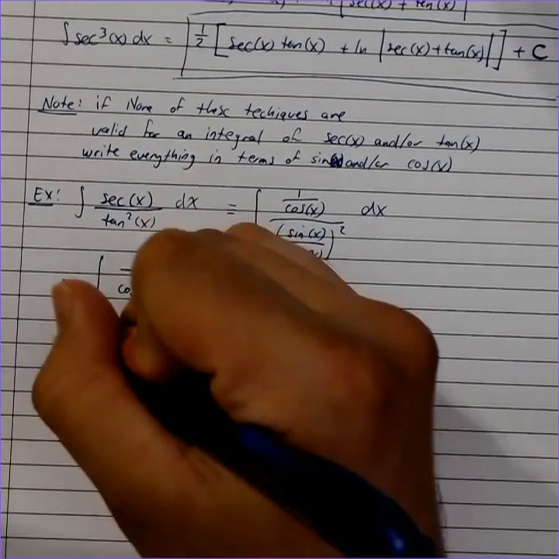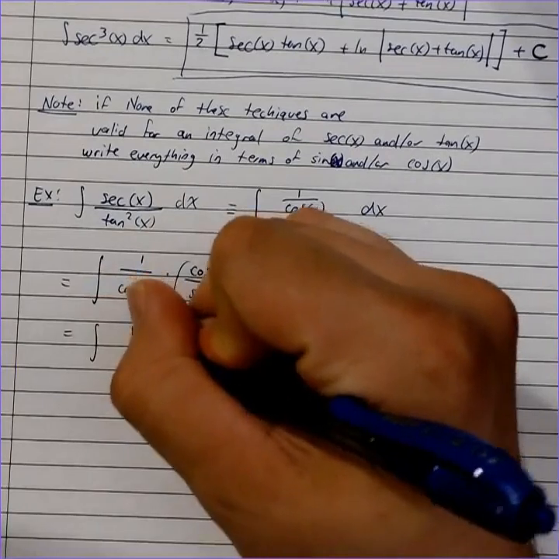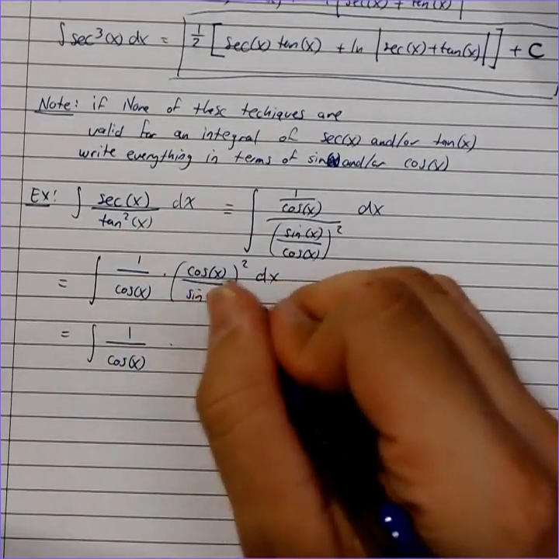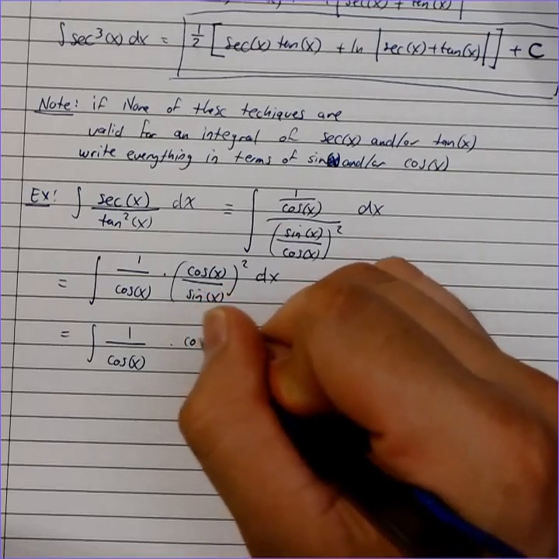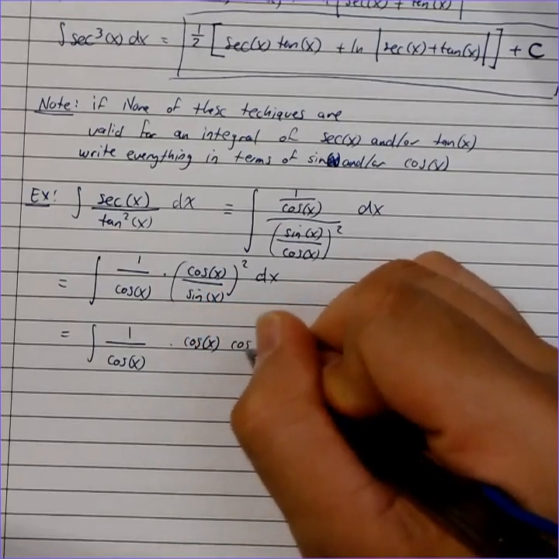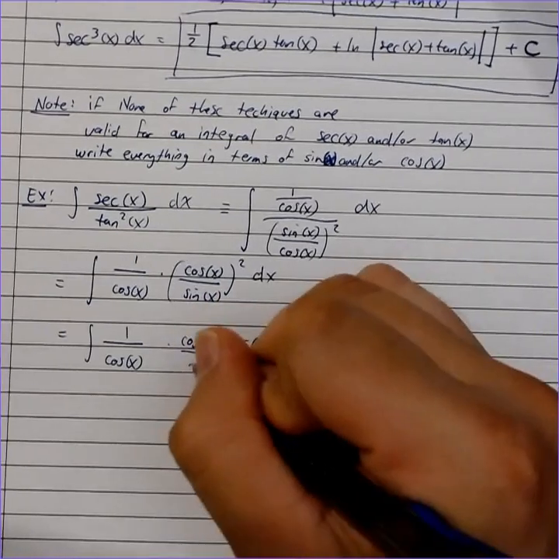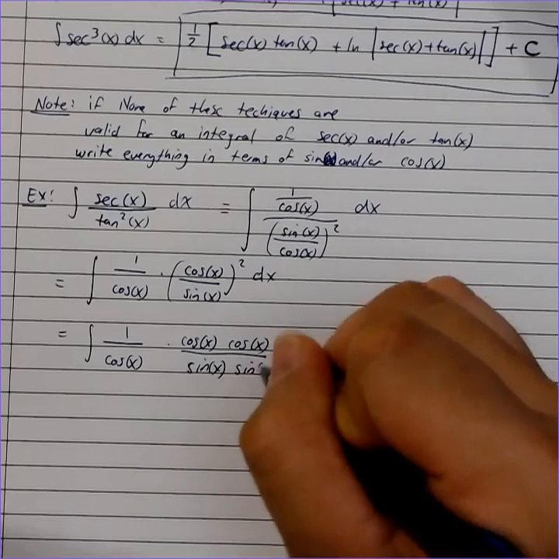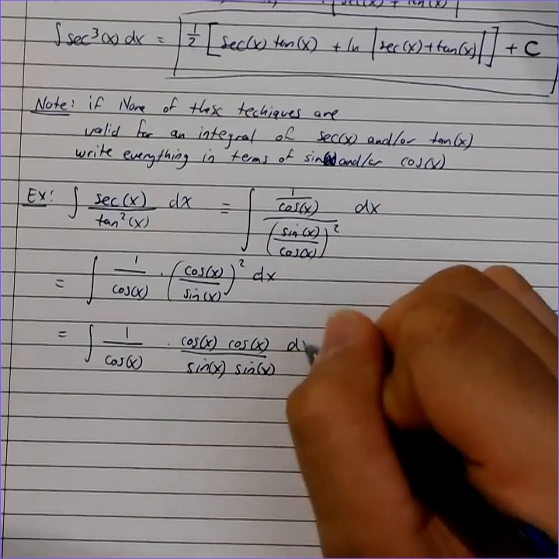Alright, so here, that's going to equal the integral of 1 over the cosine of x times, here that's being squared, so that's cosine of x times cosine of x, over, that's also being squared, sine of x times sine of x dx.